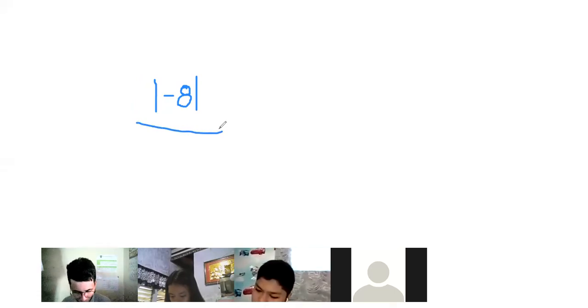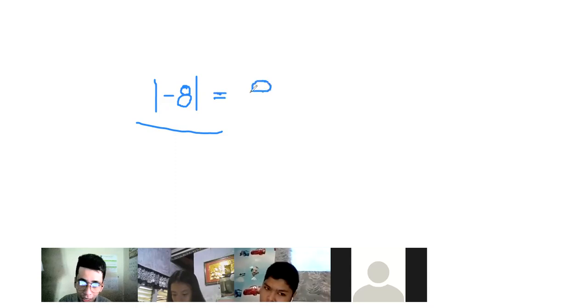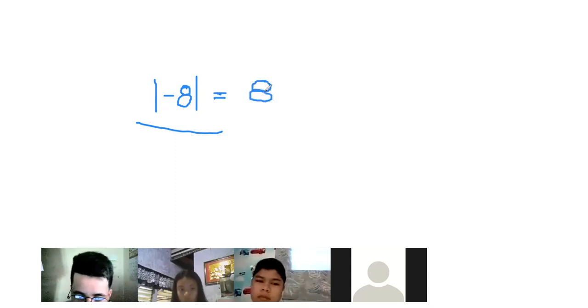Now, para saan si absolute value? Absolute value of a number is the distance from 0. Kung ano yung distance niya from 0. Okay? So, absolute value of -8 magiging +8 siya. Laging tatandaan natin class, ang absolute value, laging positive ang sagot niya.